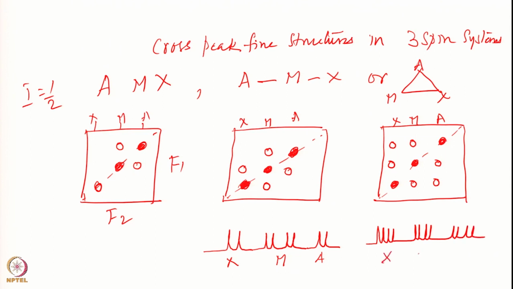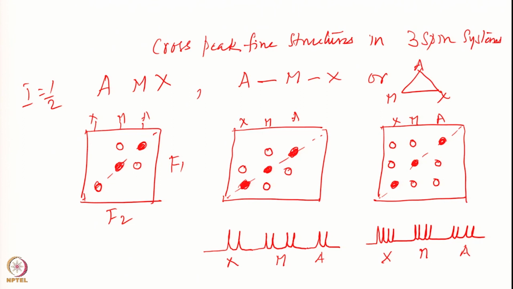So this is X, this is M, this is A, and this fine structure will show up in the cross peaks and the diagonal peaks as well. Now which coupling is responsible for which cross peak? Suppose I take the AM cross peak, okay. In the AM cross peak, this is arising from the coupling from A to M.